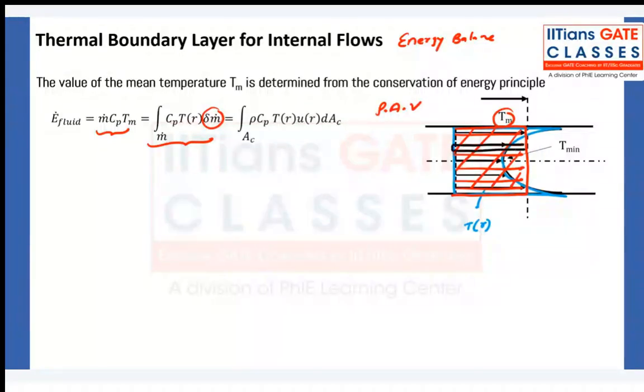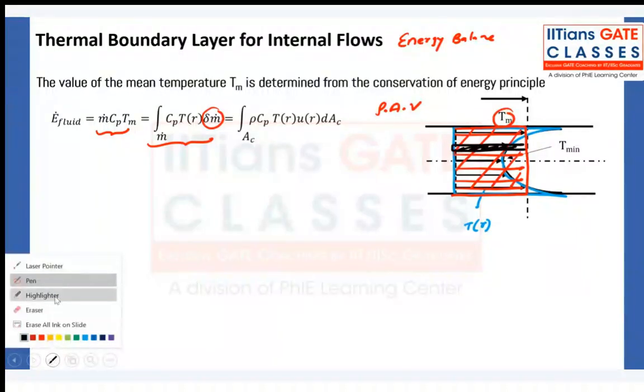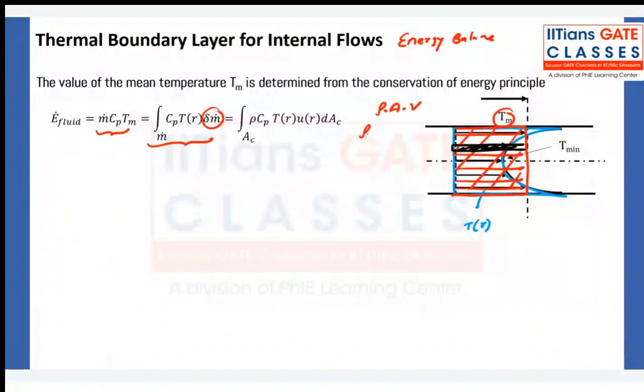So it is rho dA cross section, a small area, and V is changing with respect to R. My velocity is also changing with respect to R in this region, for the blue area. So I can write rho Cp T(R) U(R), and Cp T(R) is already there.